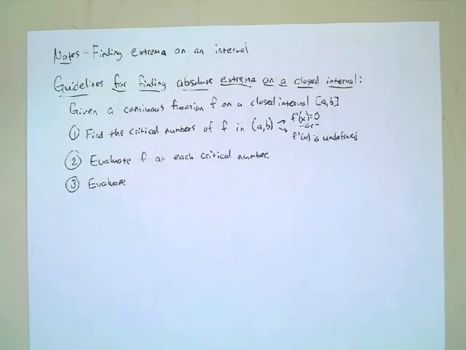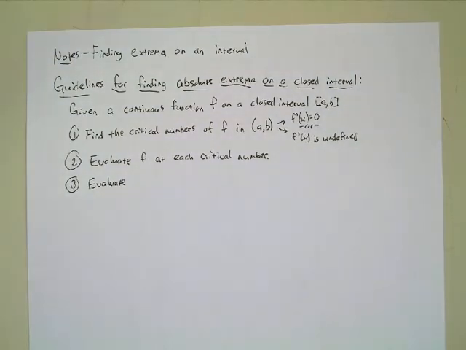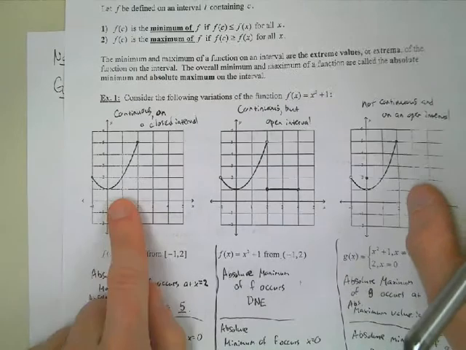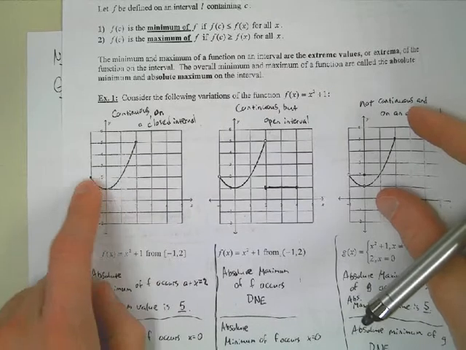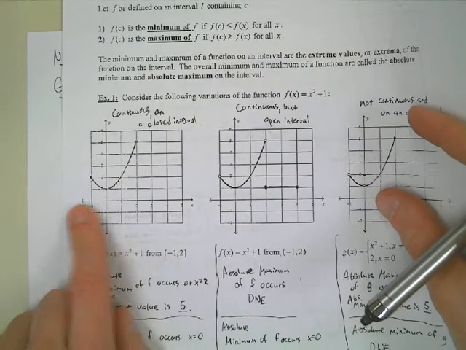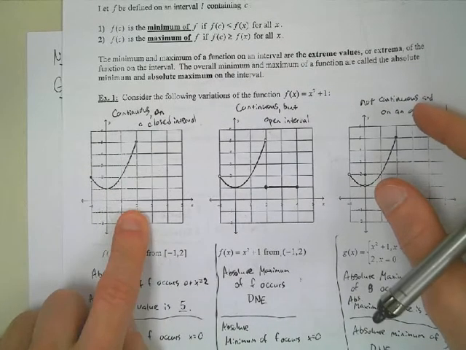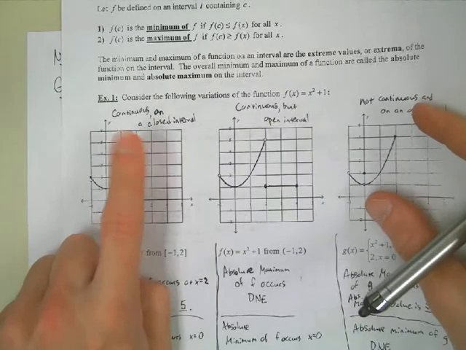Besides absolute maximums and minimums occurring between the endpoints, absolute maximums and minimums could also occur at the endpoints, right? Let me see here. Do I have that written somewhere? Yeah, right here. Remember, for example, here we had our function on a closed interval. Our absolute minimum occurred between negative 1 and 2, but our absolute maximum occurred on 2, on the endpoint there.